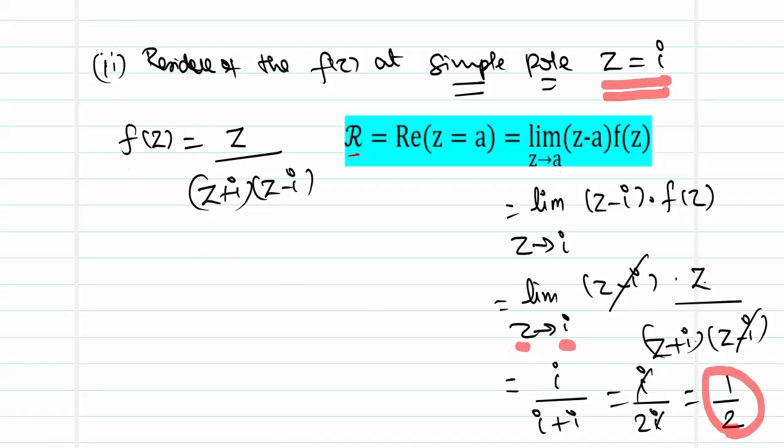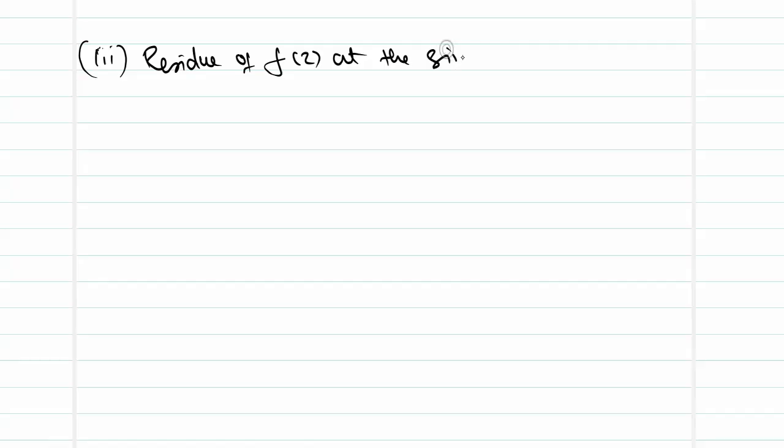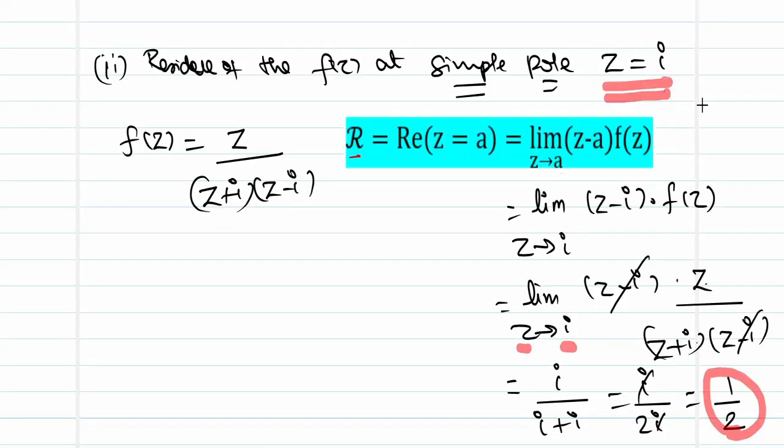Now it's time for the estimation of the residue at the second point. What is going to be step 3? Step 3 is the residue of your function f of z at the simple pole z is equal to minus i. First we estimated for plus i, now we estimate it for minus i.